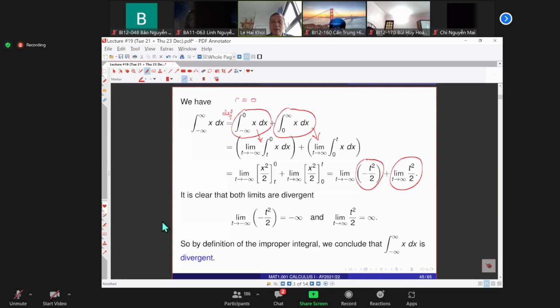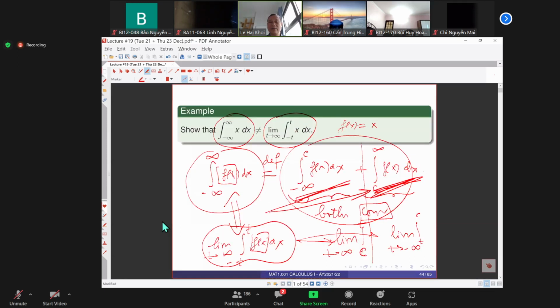But when we let t tend to negative infinity or plus infinity in each integral, the limit is infinity. By definition, if either of these two integrals has no limit, or the limit is infinite, then this integral is divergent.